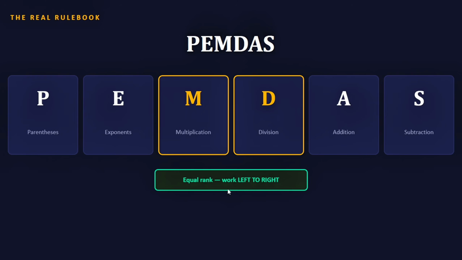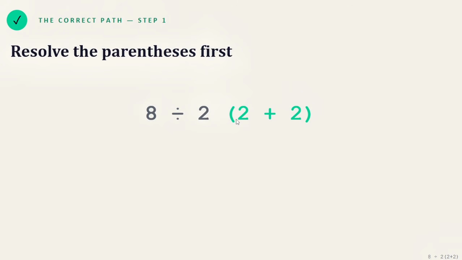So let's begin. Our expression is 8 divided by 2, parentheses 2 plus 2. The letter P stands for parentheses or brackets, depending on where you learned it. Our first job is to look at what is happening inside those brackets. The brackets contain 2 plus 2. That's simple enough. 2 plus 2 gives us 4.